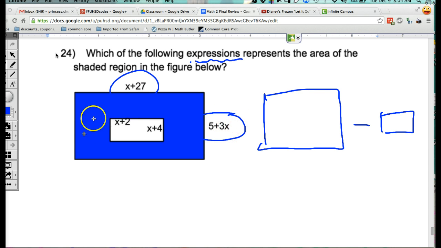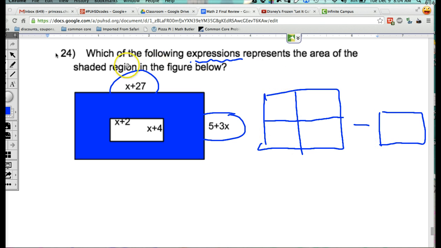Because now that would give me the area of the big square. Remember to multiply, we use the box method. So I thought it was really cool how we're working on the shape of rectangles, and we can use rectangles to do our actual calculations.